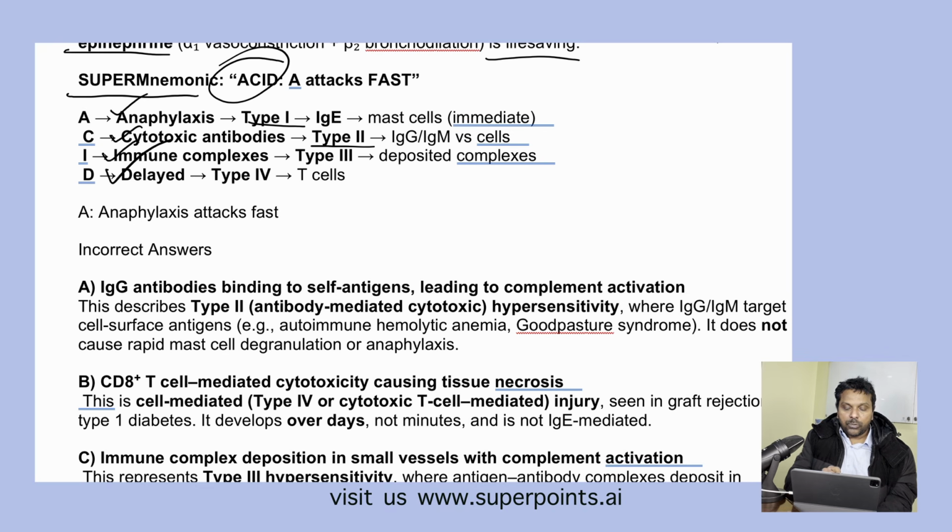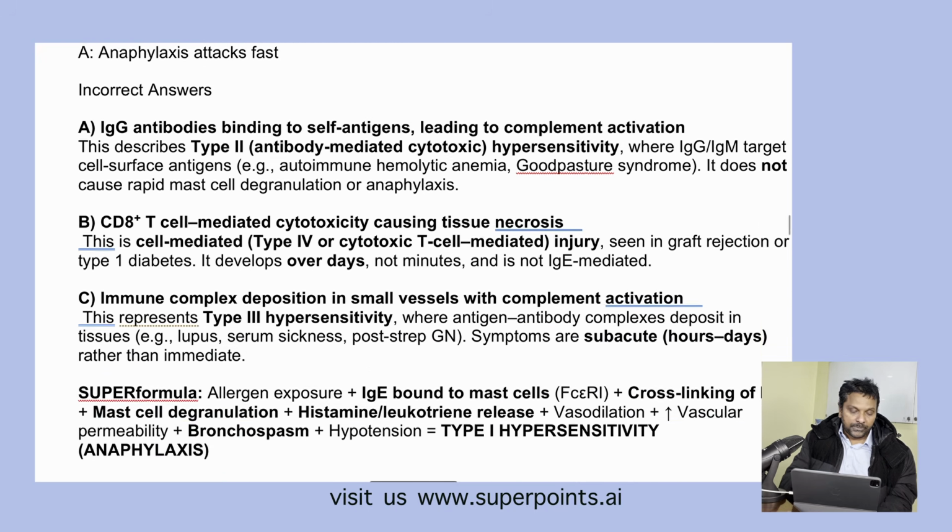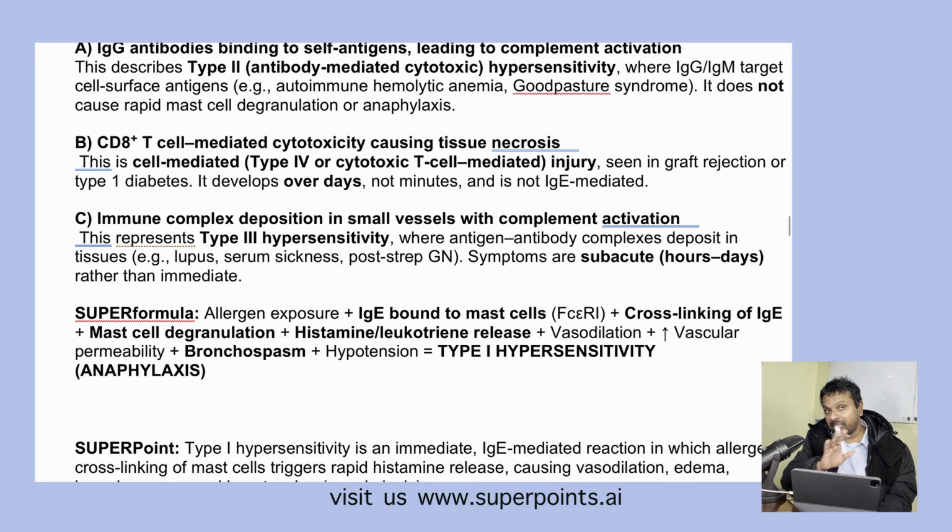Type 1, type 2, type 3, type 4. IgE, mast cells; type 2, IgG, IgM cells; and then deposited complexes and T cells. So very, very, very important. Remember that mnemonic, ACID, for all four hypersensitivity reactions.